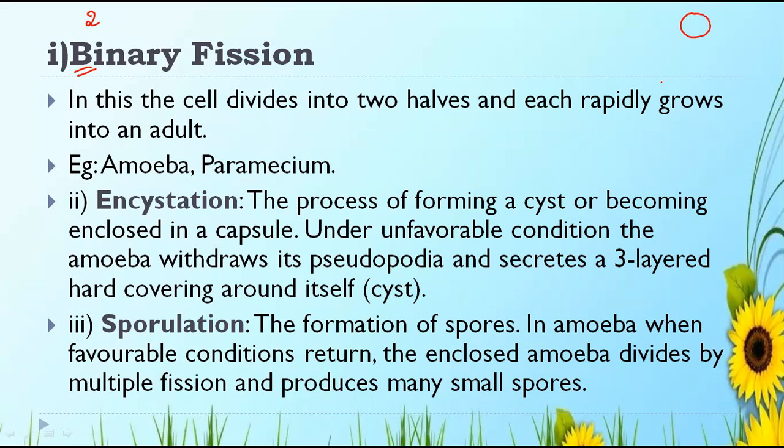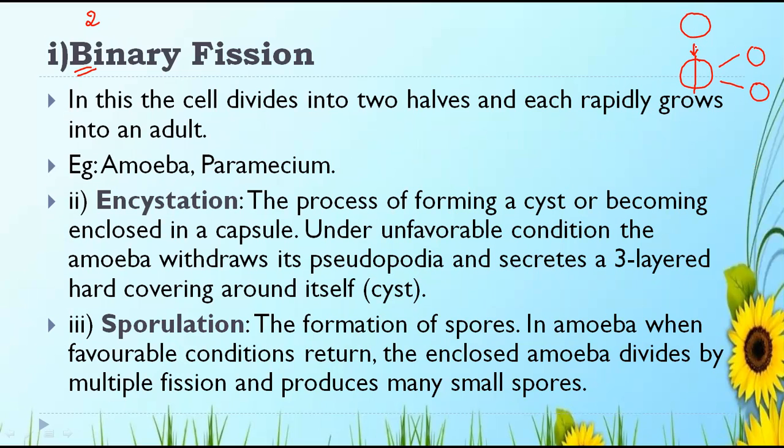The cell divides into two halves and each rapidly grows into an adult organism. So this cell gets divided and two new organisms are formed. This is nothing but binary fission.